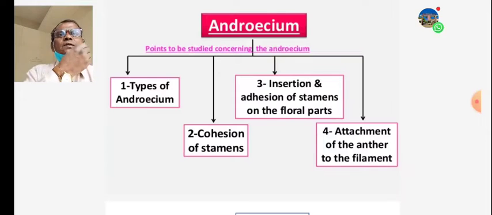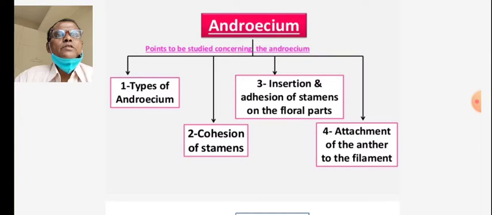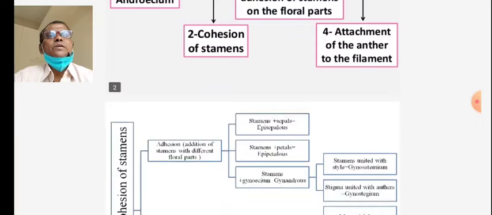Now, the points to be studied in connection with the androecium are: first, the types of androecium; secondly, cohesion of stamens; then insertion, adhesion of the stamens on the floral parts; and attachment of the anther to the filament. So we have to give weightage to these points.